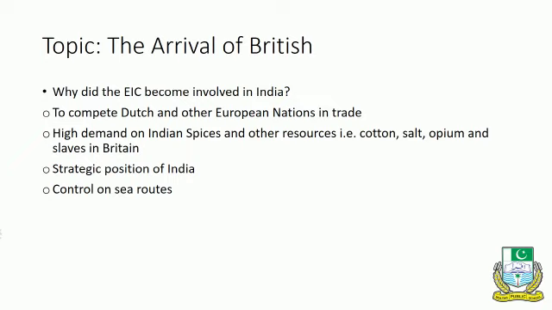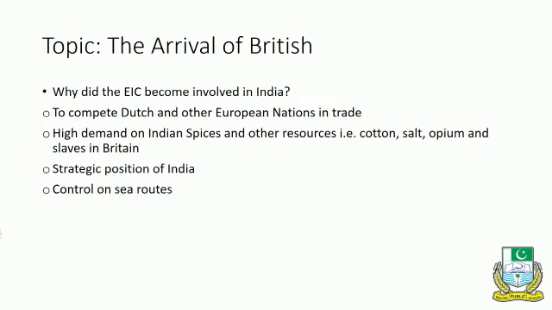The British not only wanted to buy black pepper, they also wanted to buy other spices, various types of cotton, silk, opium, jute, sugar, salt and gold.